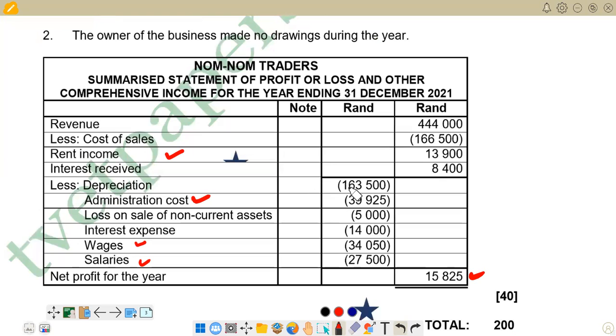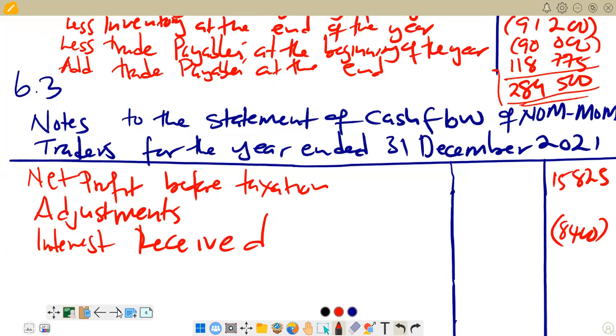Here we subtracted it as an expense, so we are now going to add it back to remove it. So we go back to the balance that we have there. We have 163,500. This is depreciation, and we said we are adding it. We are doing the reverse of what we did in the income statement.